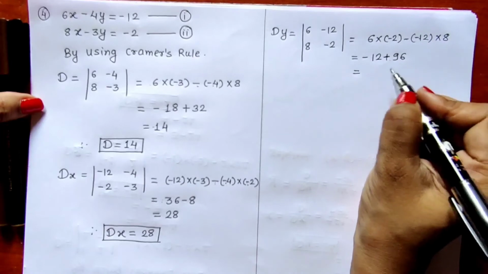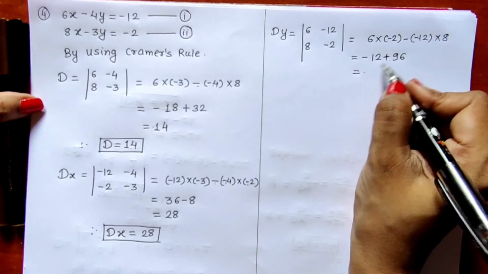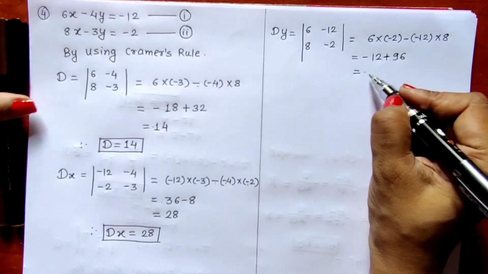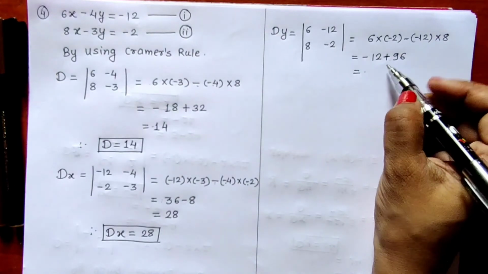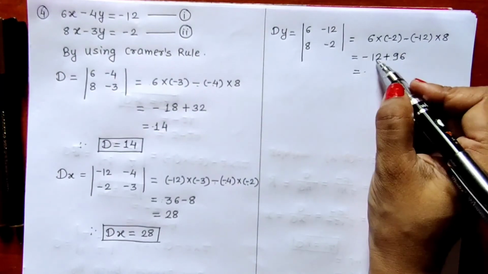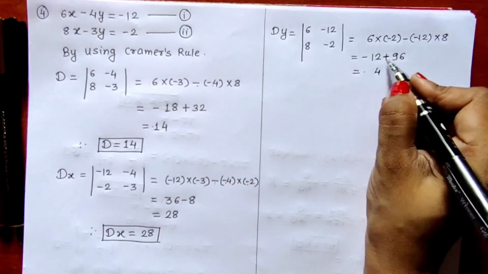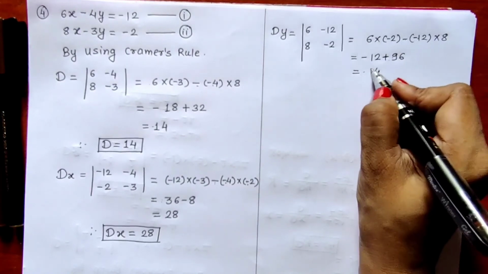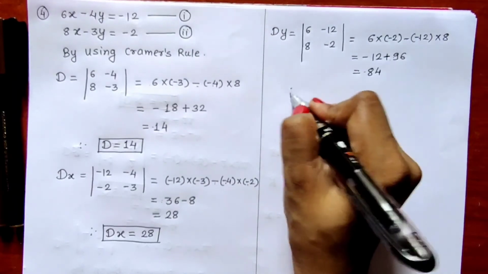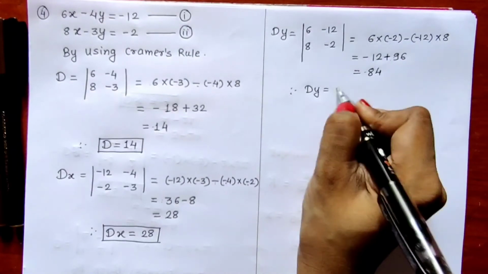Plus minus will become minus, sign of bigger number. Bigger number is having plus sign, so we should put plus sign, which cannot be written here. Now 96 minus 12, what will be the answer? 6 minus 2 is 4. 9 minus 1 is 8. So 84 is the answer. dy is equal to 84.